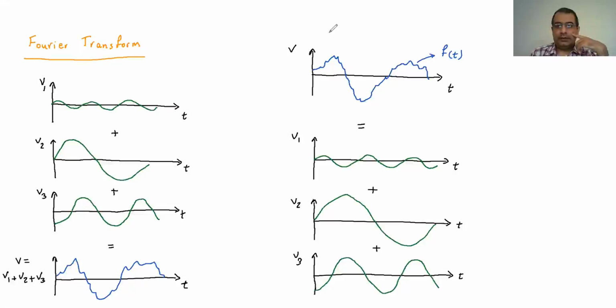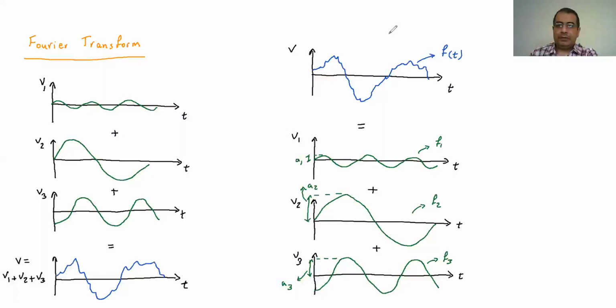So say, for example, this distance here is A1, this distance is A2, and this distance is A3. They are the amplitudes of each of the waves. Assume this one has a frequency of f1, this one has a frequency of f2, and this one has a frequency of f3.